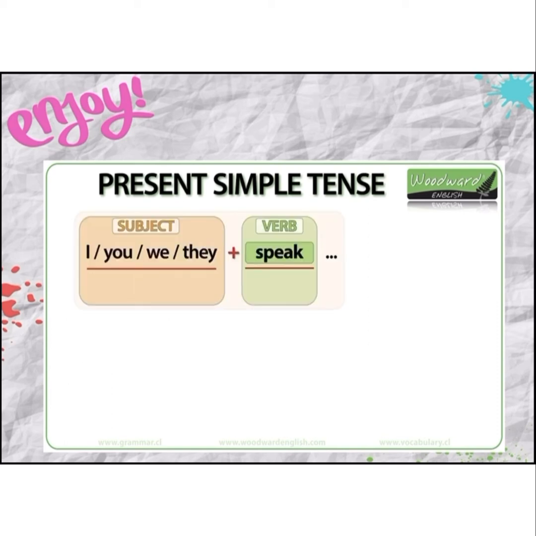Look at this. We say, I speak, you speak, we speak, they speak. But for he, she, it, we use speaks with an S at the end. The S is necessary at the end of a verb when the subject is he, she, or it. He speaks. She speaks. It speaks.